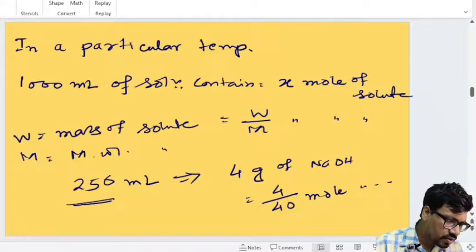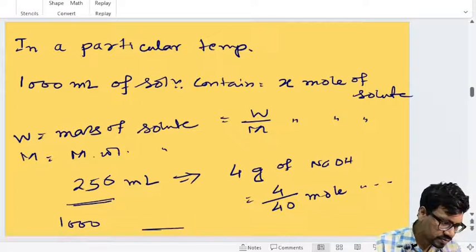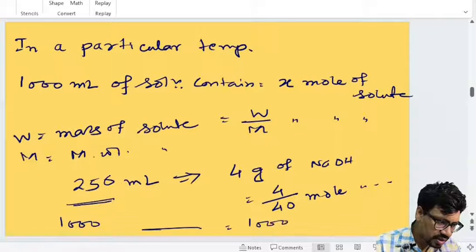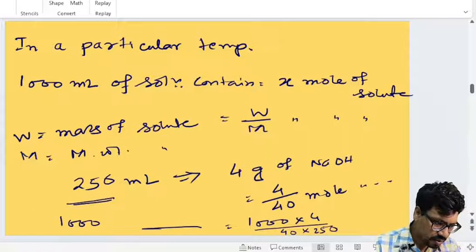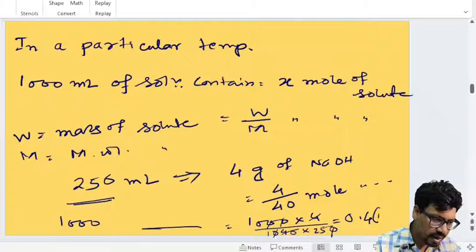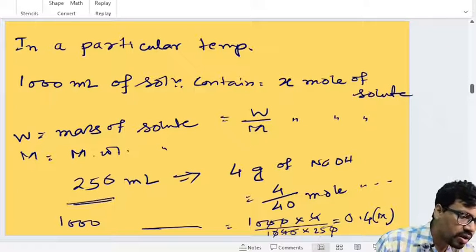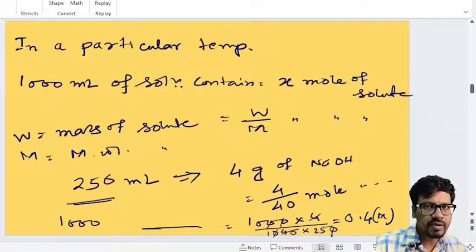So in 250 ml, so in 1000 ml of the solution, that is 1000 into 4 divided by 40 into 250. So 10 by 25. So this is 0.4 molar. The concentration of the NaOH solution is 0.4 molar.